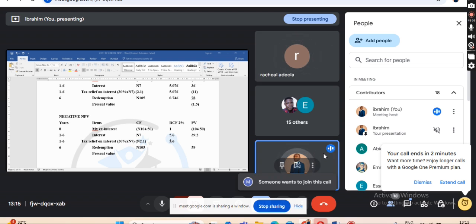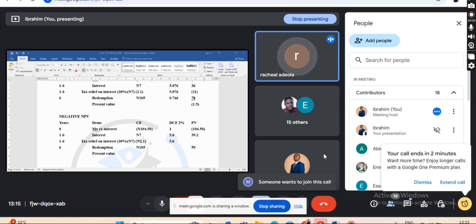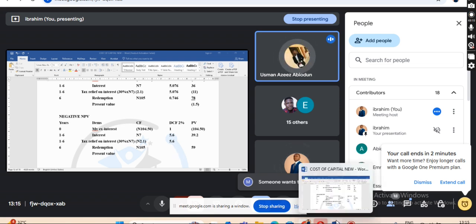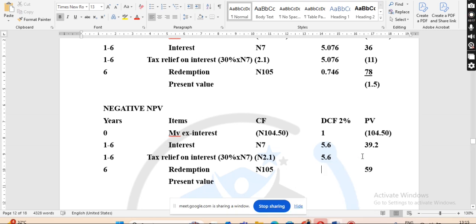Rachel, the present value of what? For tax relief. Minus 12. Okay, minus 12. Thank you.